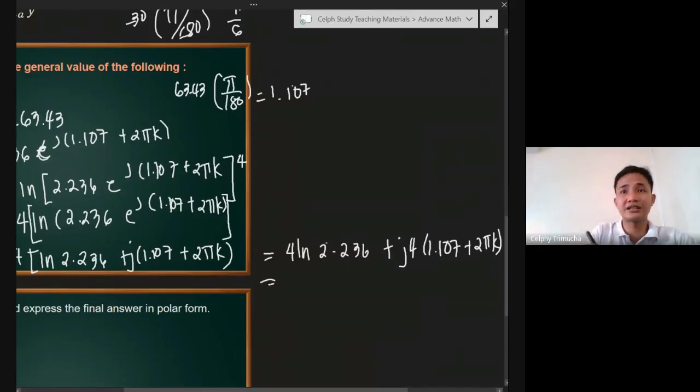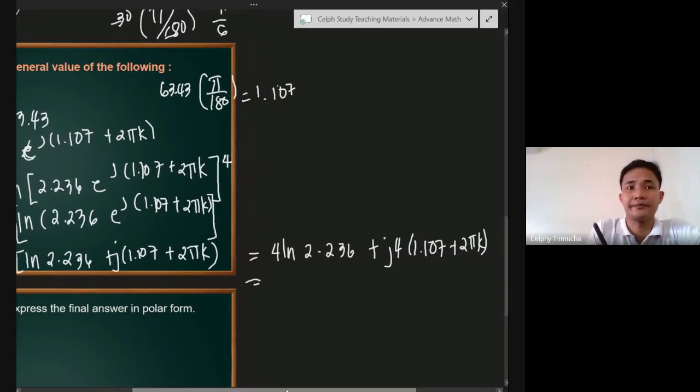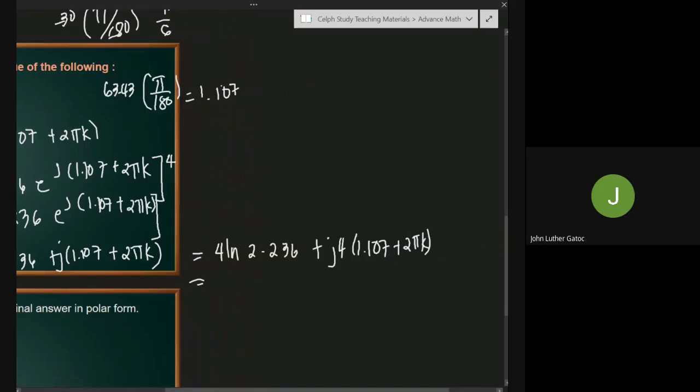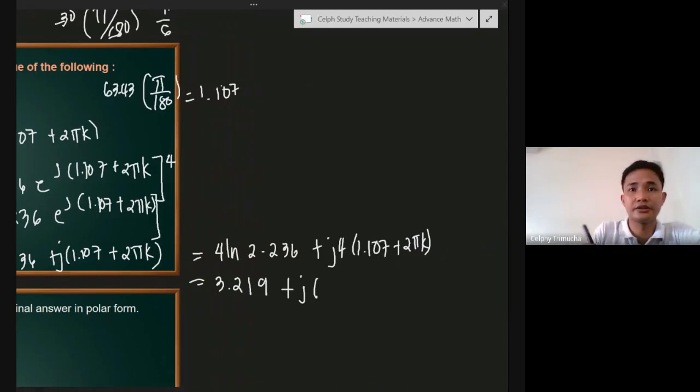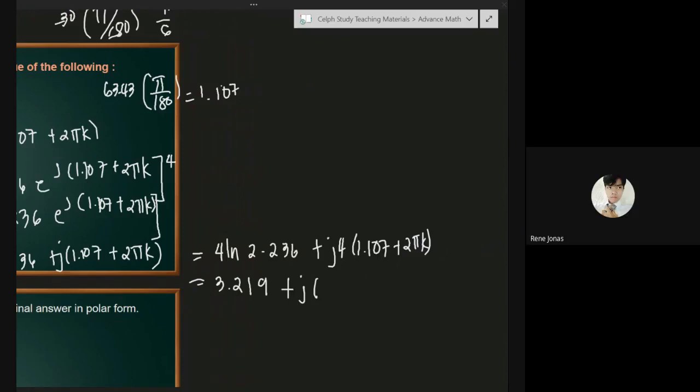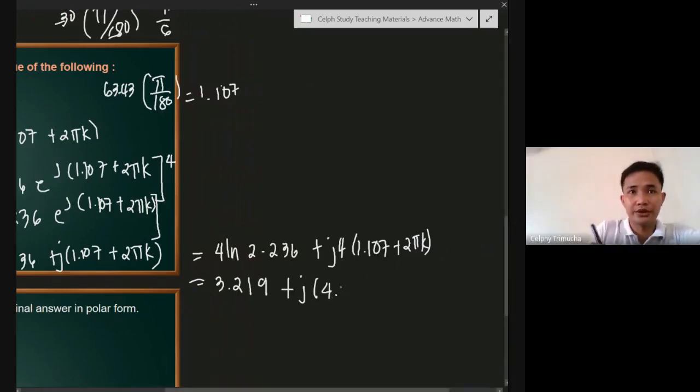Now, simplify. We have 4 ln 2.236, which is 3.219. Plus j times 4 times 1.107, which is 4.428, plus, distributing the 4, 8 pi k.